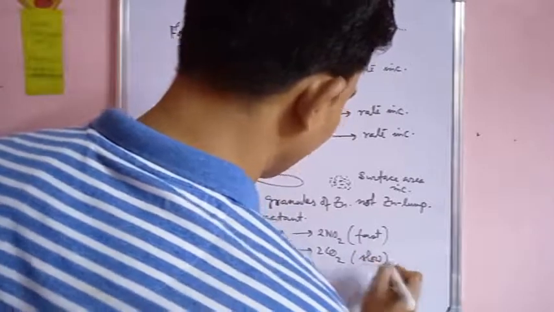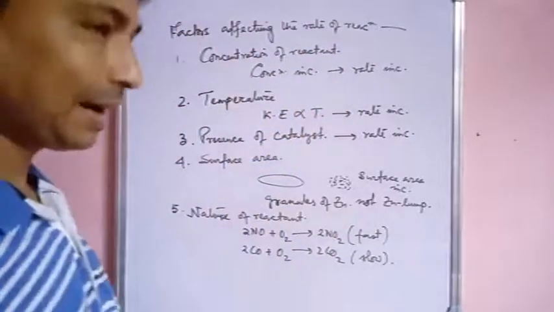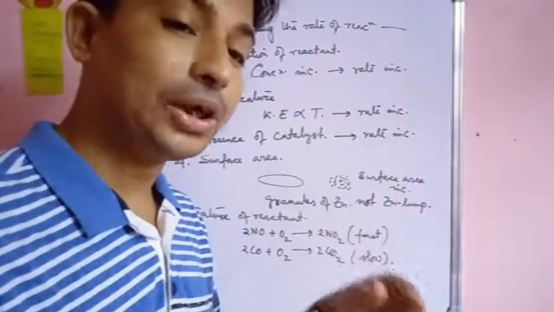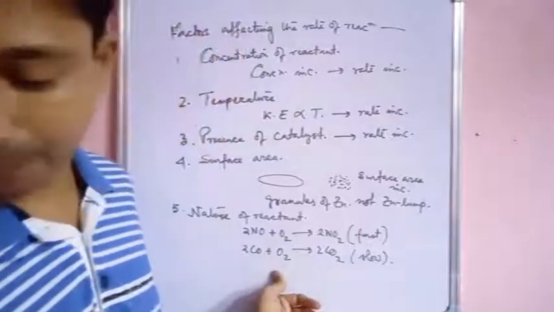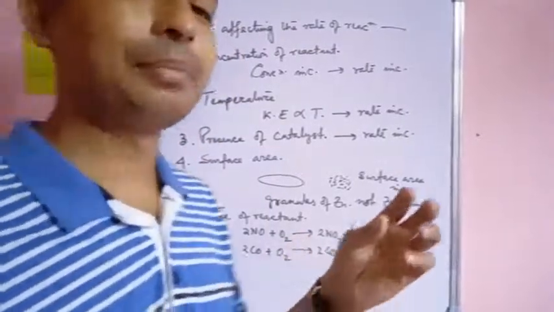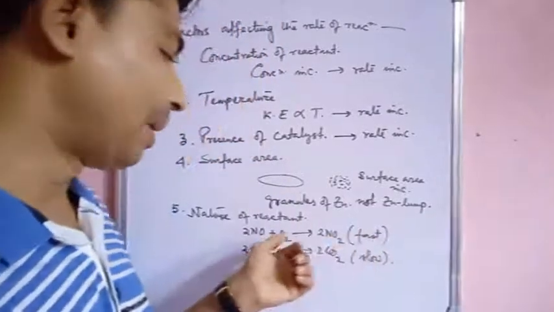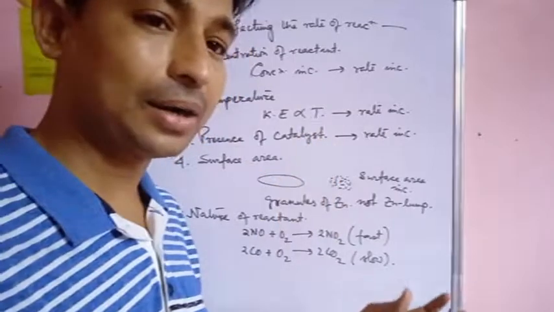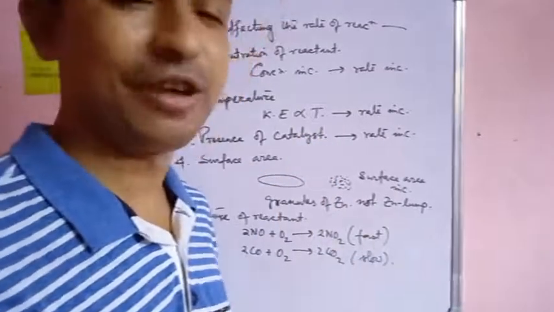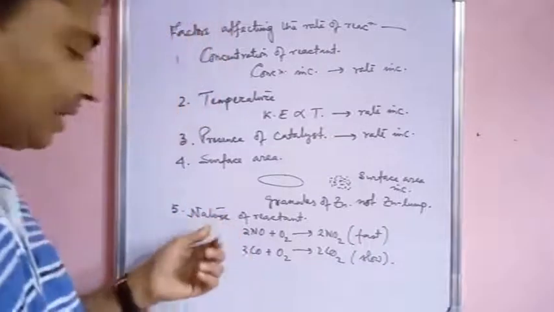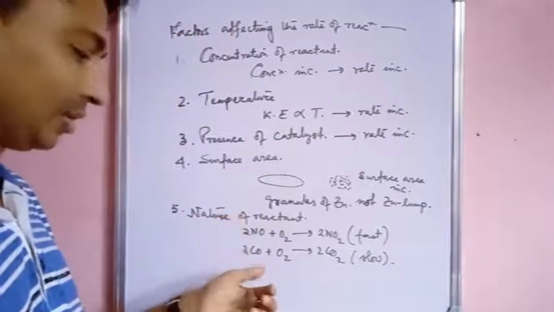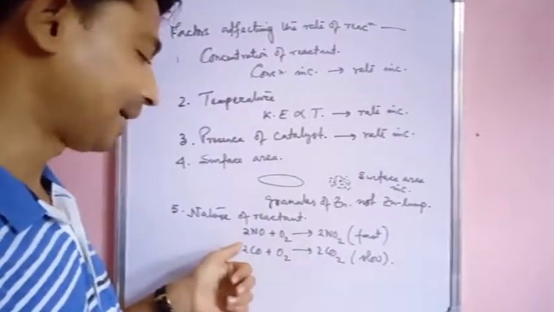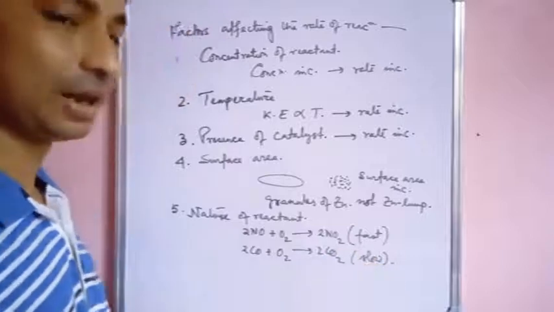If you light up a piece of coal, it will take a whole day to burn, whereas if you take nitric oxide and burn it in presence of oxygen, it will burn within 1 or 1.5 minutes. So the nature of reactant also plays an important role. Here with carbon monoxide the reaction is slow, same reaction, and here with nitric oxide it is a fast reaction.